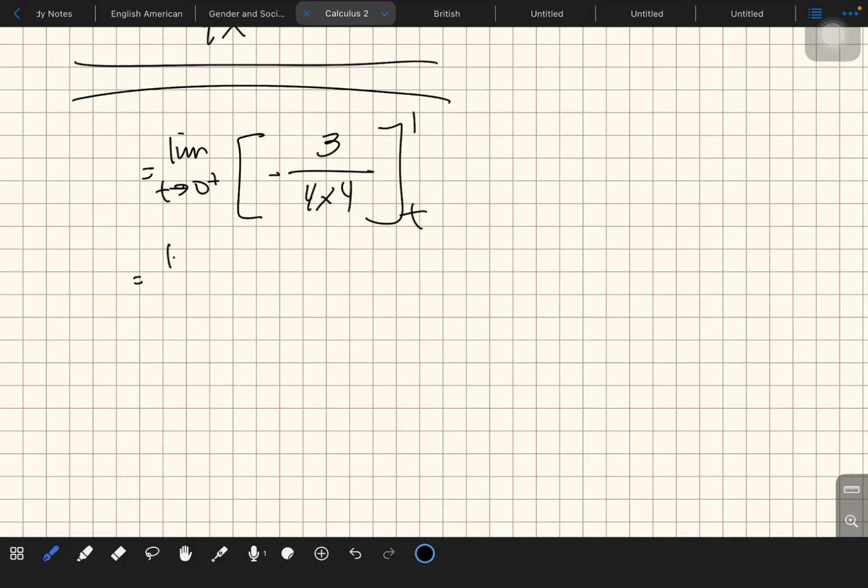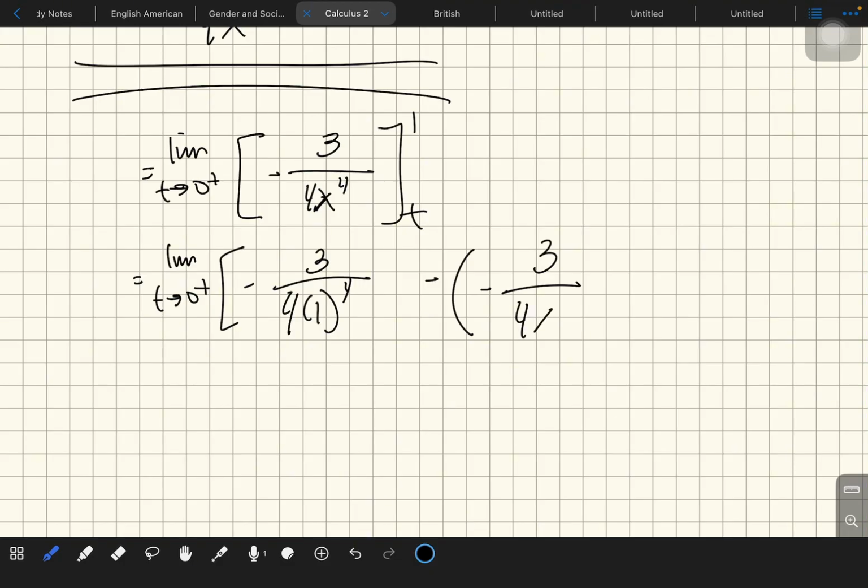It is equal to the limit where t approaches 0 from the right, negative 3 over 4 substitute 1 raised to 4, minus negative 3 over 4 substitute t raised to 4.